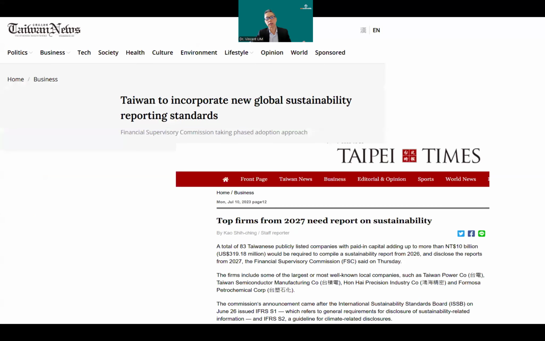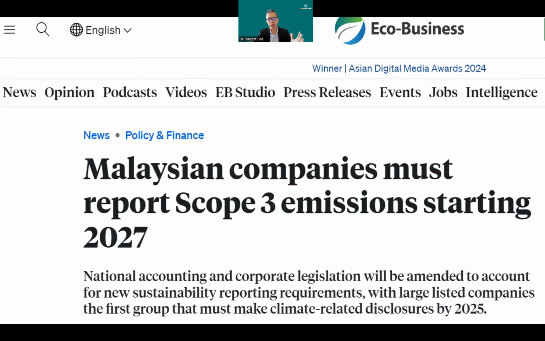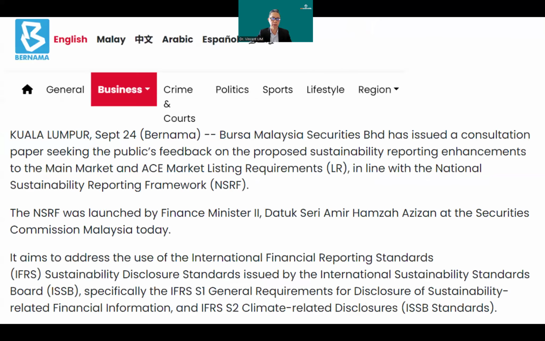Okay, so how about other countries like Taipei doing the same thing? Malaysia doing the same thing, insisting on ISSB as the sustainability reporting. Bursa Malaysia, the Stock Exchange of Malaysia, has already come out with something that is called NSRF, but they are similar to ISSB.